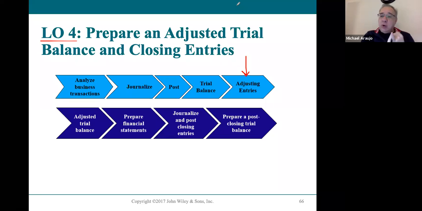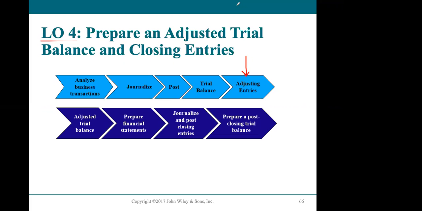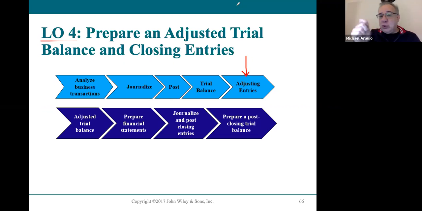We debited depreciation expense, but the credit goes to accumulated depreciation for equipment. Equipment actually has a buddy account right underneath it for accumulated depreciation. As soon as you write that in the journal, it gets posted into the ledger. So now depreciation expense has a new balance and accumulated depreciation for equipment has a new balance.